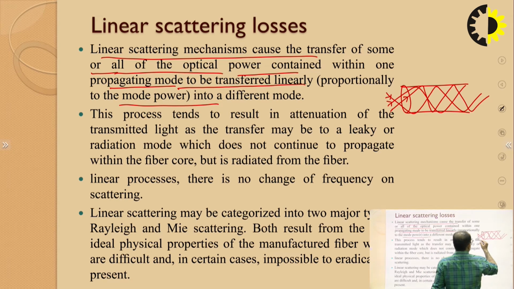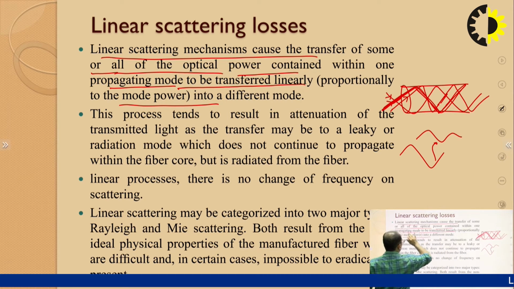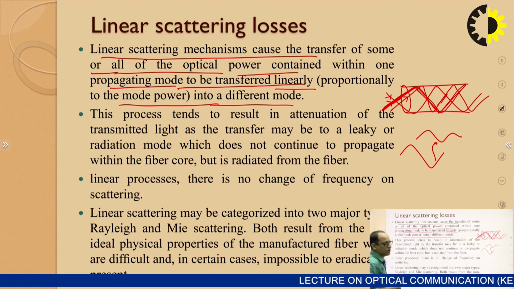Due to the linear scattering loss, this mode can transmit its energy to the other mode, means this mode can transfer its energy to another mode. Clear? So the transfer of some or all of the optical power contained within one propagating mode is transferred linearly into a different mode.